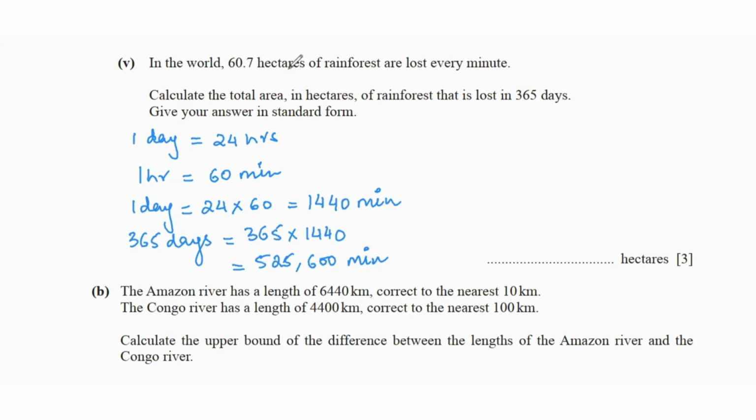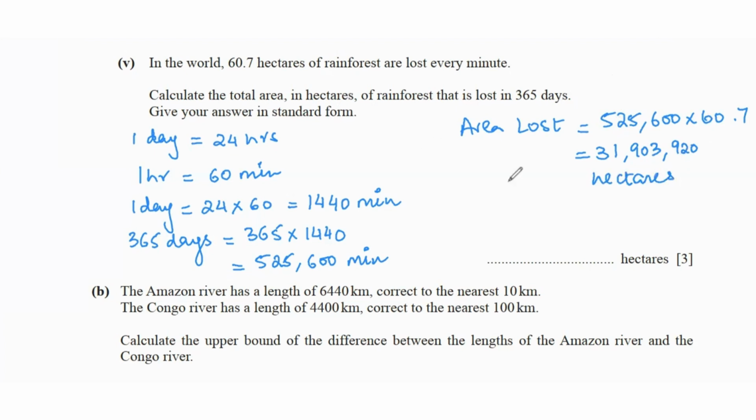So if every minute 60.7 hectares of rainforest are lost, the area lost in 365 days is going to be this times 60.7. And that is going to give us 31,903,920 hectares.